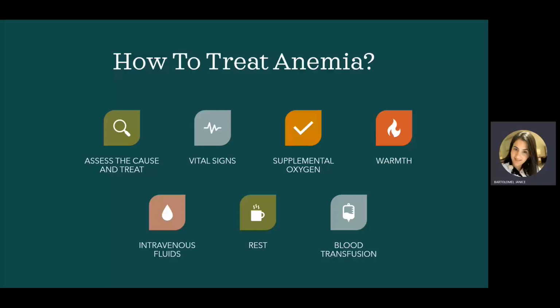We treat anemia in different ways. The first way is that we really need to know what's causing the anemia. If it's a blood loss issue because of surgery, then we know it's going to be sort of expected and the body will bounce back. But if you're losing blood because you have an ulcer or you have something bleeding inside you, you need to fix that.